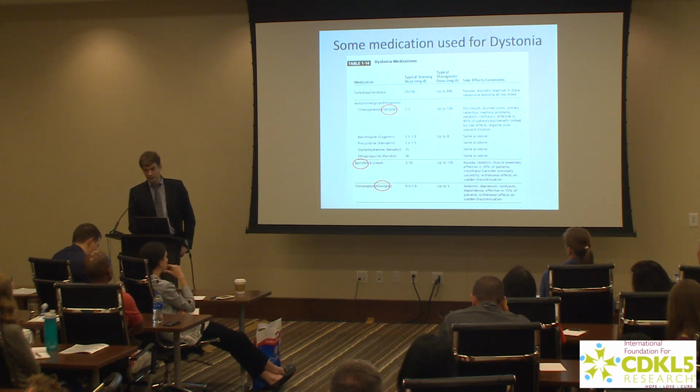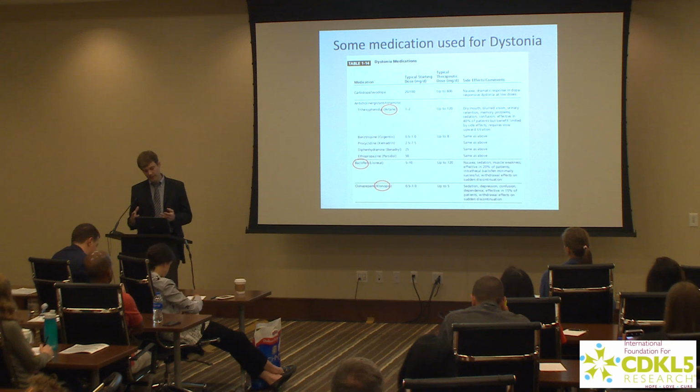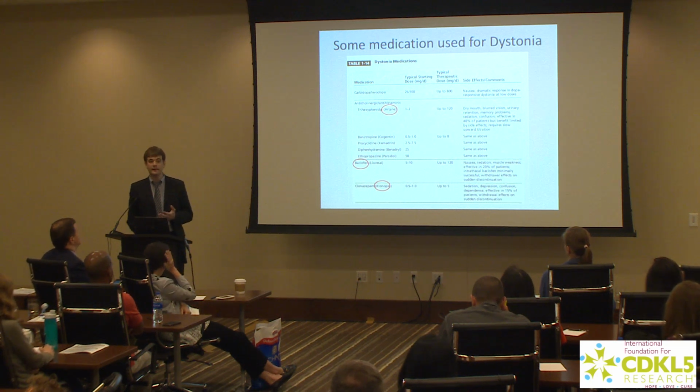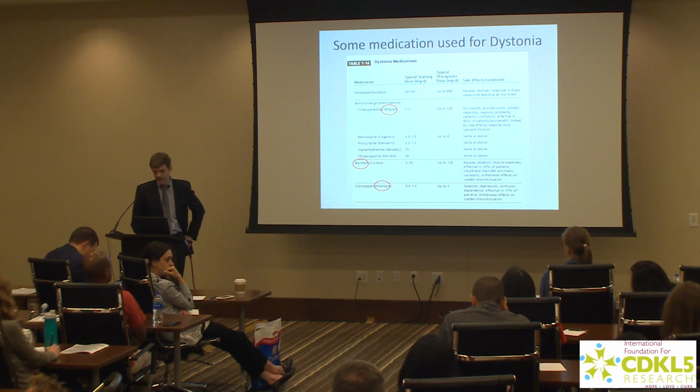There's not only one, so you luckily have an armamentarium of medications that you can use, and these medications also belong to different groups, which is always a good thing because, as I said in the beginning, you try to address the problem of dystonia from multiple angles, maybe from multiple mechanistic angles from medication.